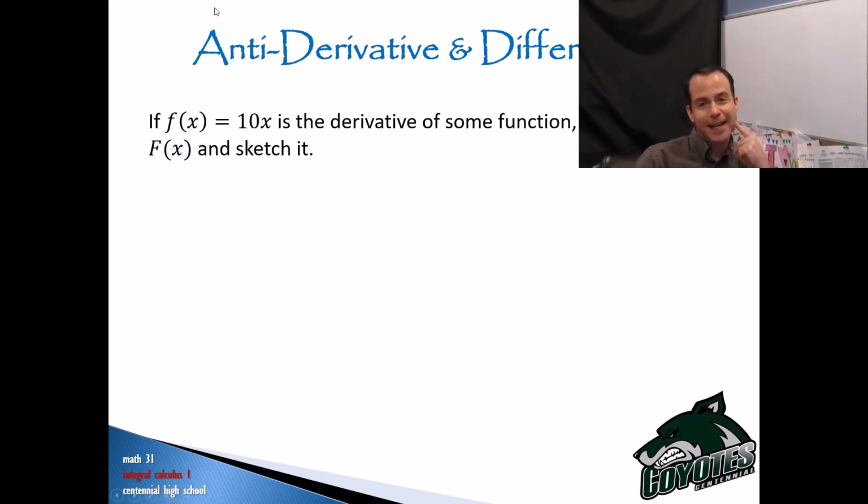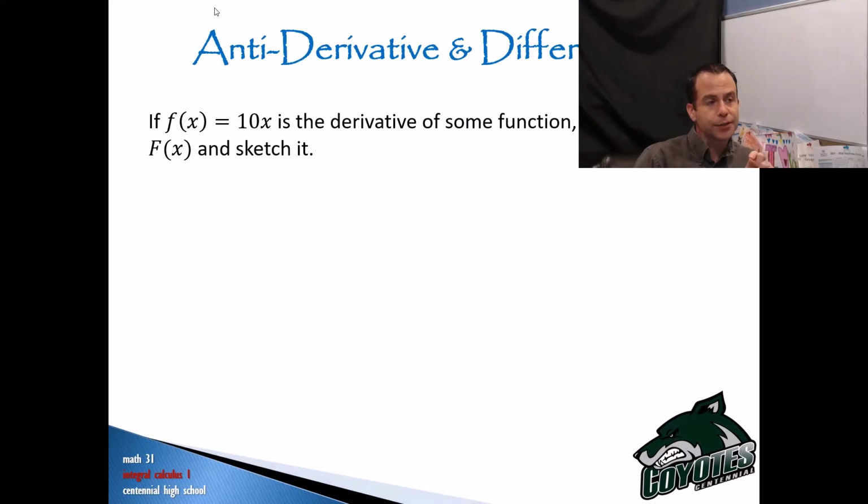If f of x equals 10x is the derivative of some function, big F of x, determine big F of x and sketch it. Well, just use some logic. Think about what the original equation would have to be so that when I take the derivative, I get 10x. Most of you will think right away, I would need an x squared, because when I take the derivative of x squared, that 2 comes to the front and gets multiplied by whatever's originally there.